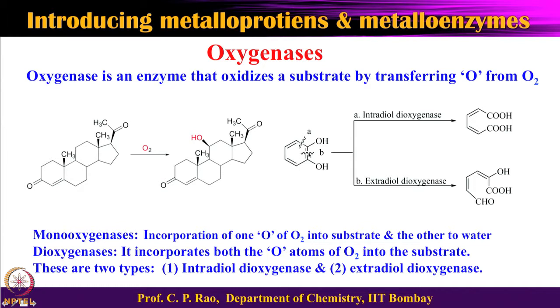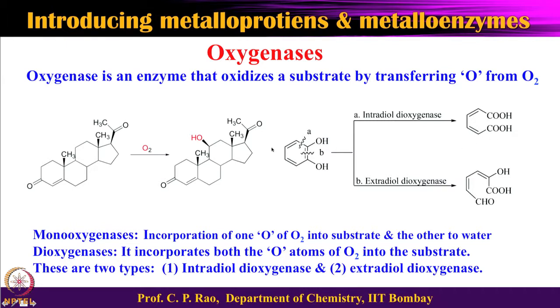If you add within this, it is called the intradiol oxygenase, and if it is outside, it is called extradiol oxygenase. The intradiol oxygenase will give this kind of product, and the extradiol oxygenase gives the other product.